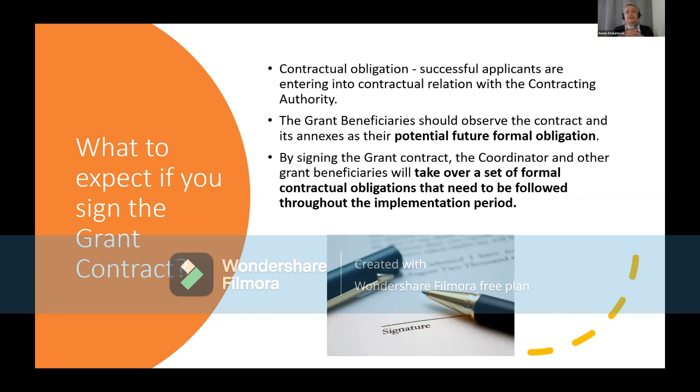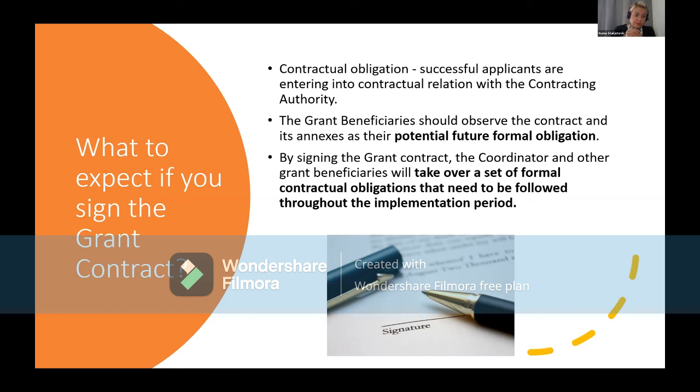I already stressed it a couple of times, but at the very end to stress once more. The grant contract that you might be in the position to sign after you pass all these 3 steps is a legally binding document. It's contractual obligation. You are entering in contractual relation with the contracting authority.